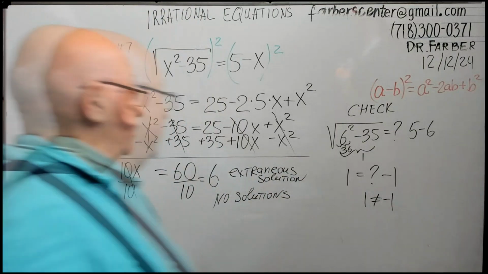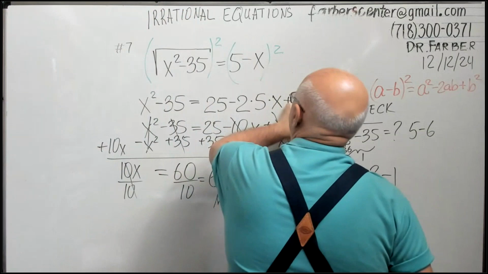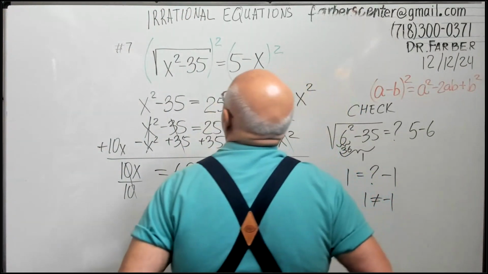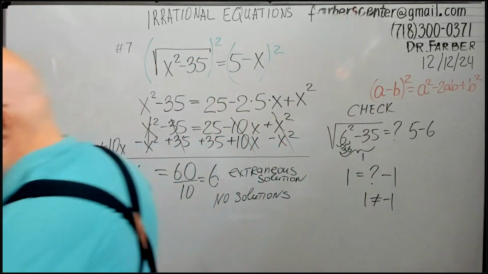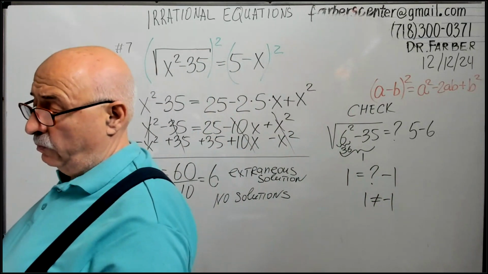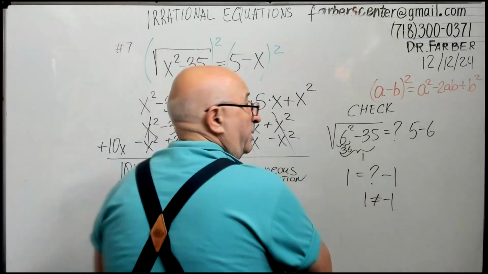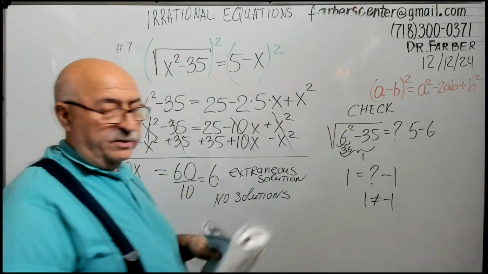Again, students, this solution works perfectly for this equation, but not for my original equation. Okay, good. Let's go through another one, for instance number 8. Again, if you have any question, without hesitation, ask me.